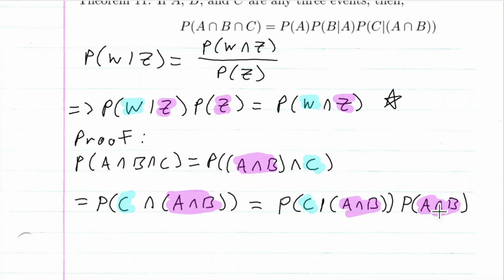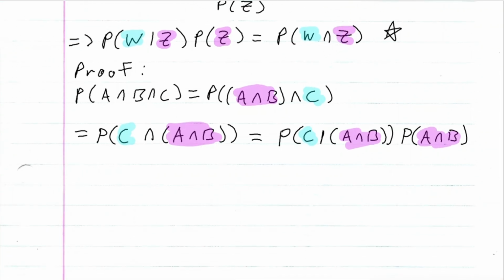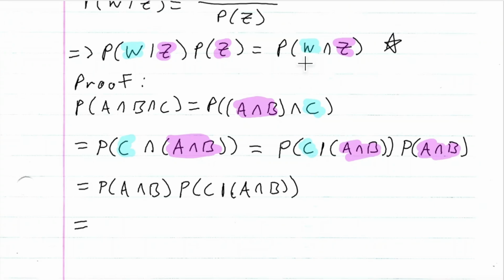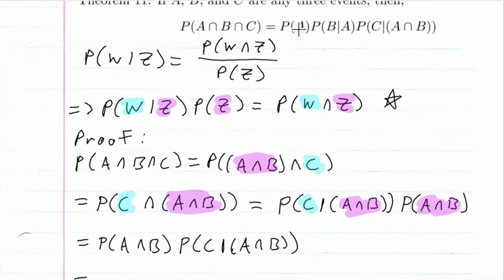Now, the probability of A intersection B is going to be the probability of A times the probability of B given A. So this is equal to the probability of A intersection B times the probability of C given A intersection B. So I want A by itself and B given A. So let's see.